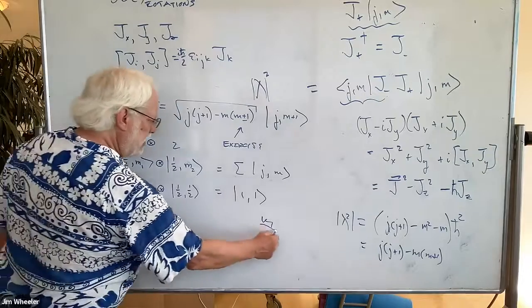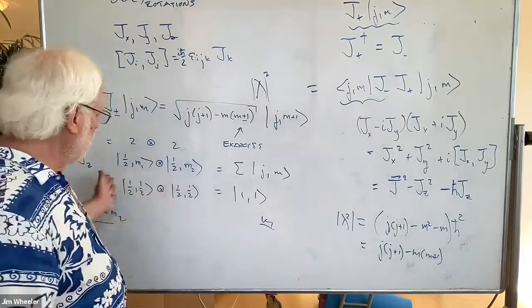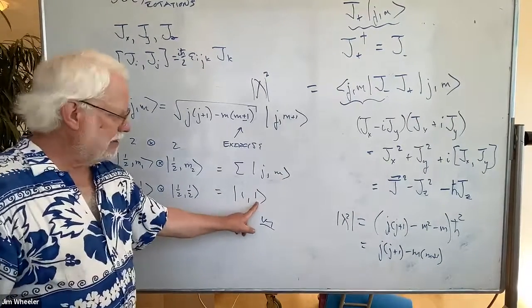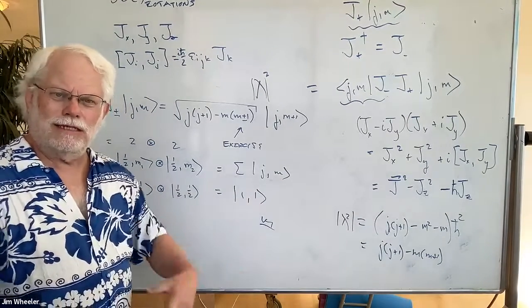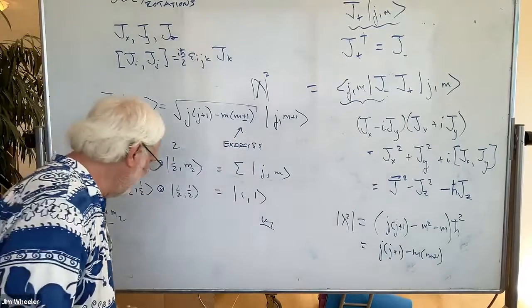So m1 plus m2 always has to equal the total m over here. Whatever equalities we come up with, that half and that half always add up to that m. It's an easy theorem. It's just apply Jz to the equality.